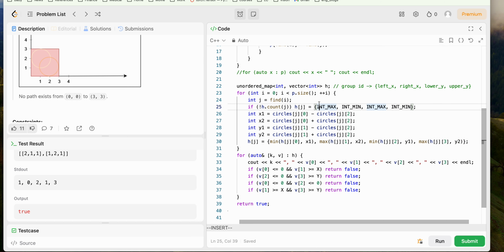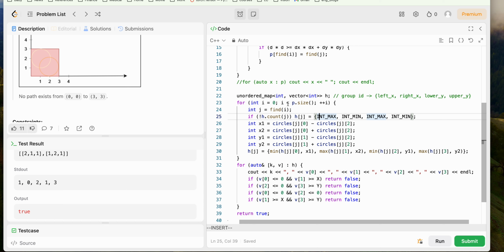So let's see. For each one, yeah, I think the issue is here. We need to use circle i, right? It's not j. j is a group number, but actually which circle is defined by i. So these are circle i.